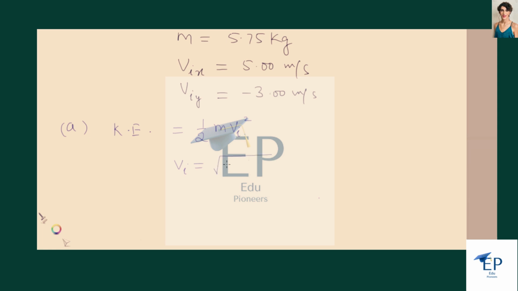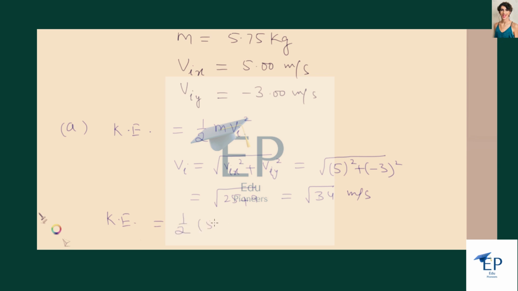Vi is equal to the square root of the square of Vix plus the square of Viy. So it becomes the square of 5 plus the square of minus 3, which is 25 plus 9, or the square root of 34 meter per second.